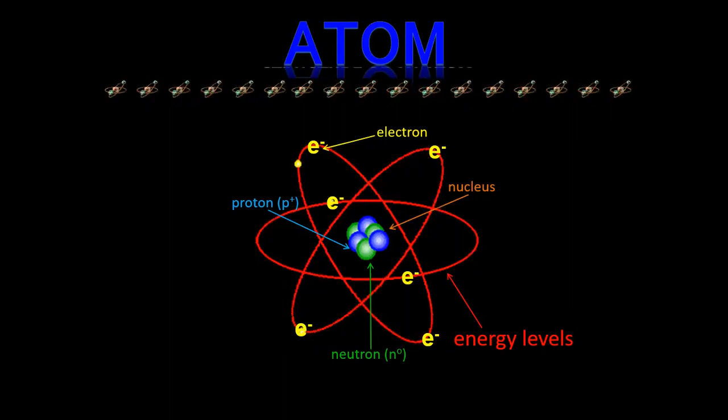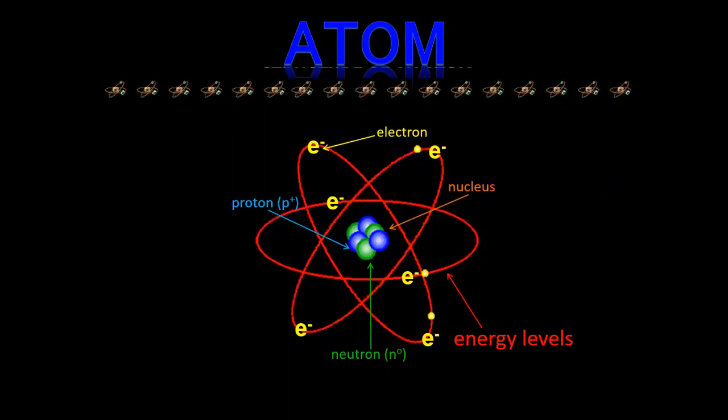But there's this kind of balance between the charge and the speed that keeps them flying around very, very quickly around the nucleus. Okay, now we're going to talk more about these particles, protons, neutrons, and electrons in a few moments. But let's just say some fascinating, interesting things about the atom.